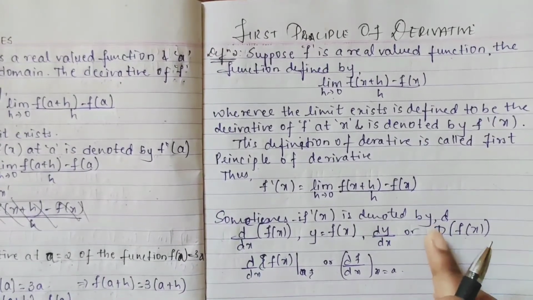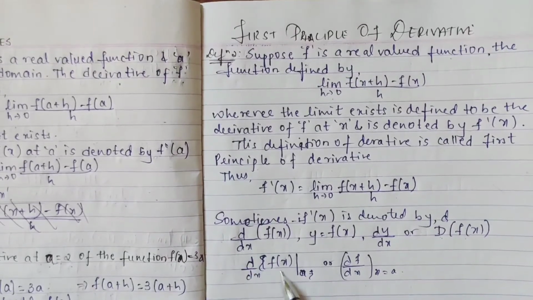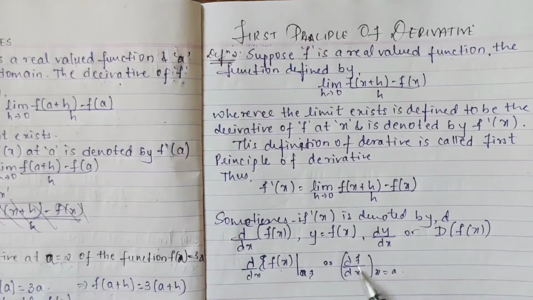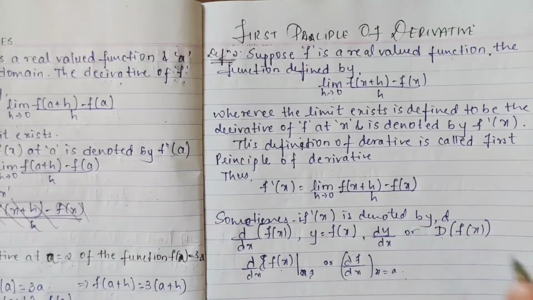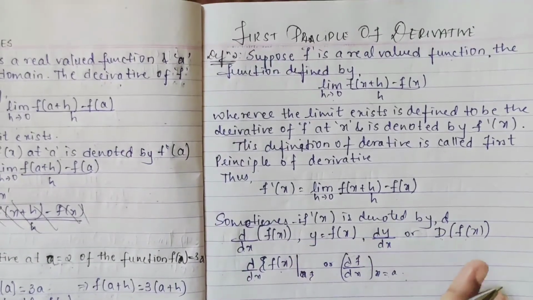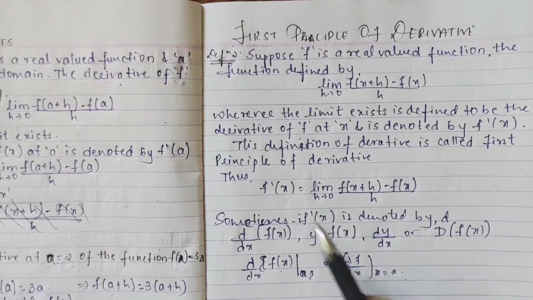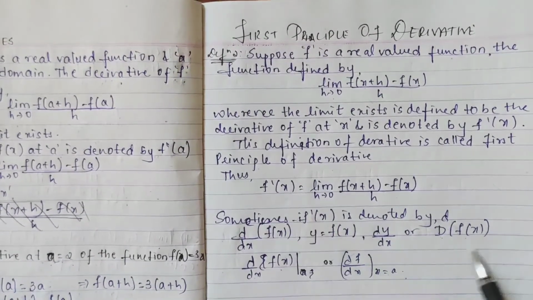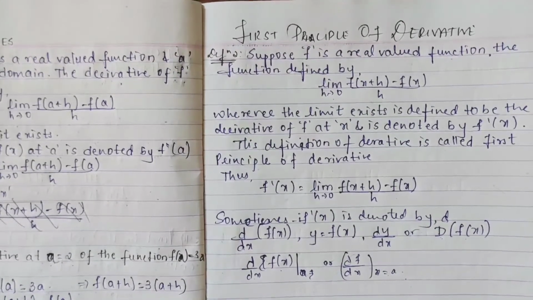Capital D means you should remember that derivative, or you may write d by dx f of x at a, or df by dx at x equal to a. Anyhow the denotation may come, so you should understand which also you can use. It is left on you, but most of the time we prefer this, or sometimes we go this. You understand me? Please note down it.